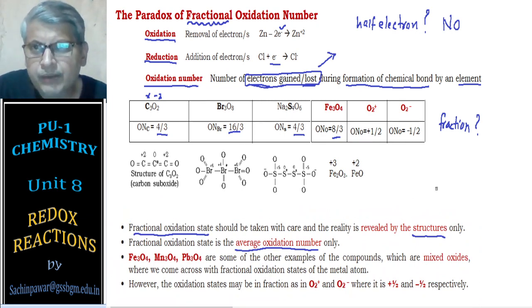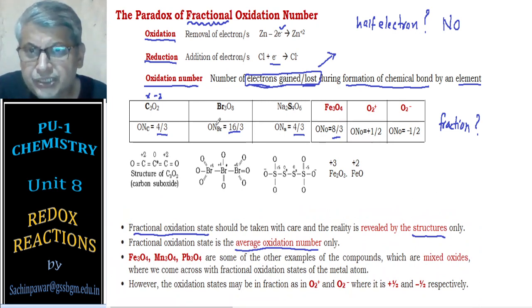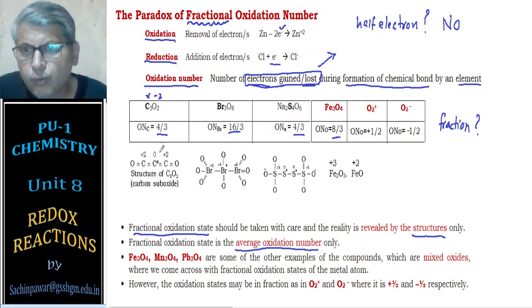Just to give an example, see the structure of C3O2. Here we have 3 carbon atoms, out of which 2 carbon atoms have a +2 oxidation state and one has a 0 oxidation state.